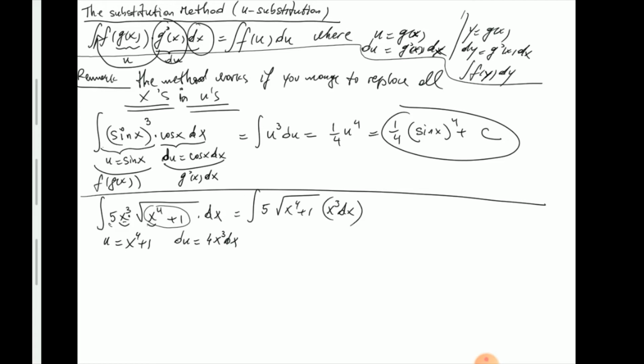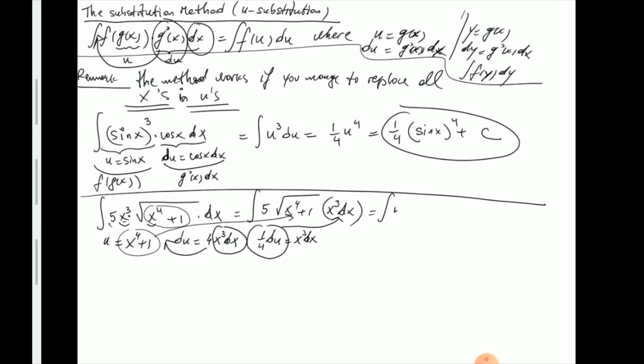What I need from du is not the whole thing, but just x third dx. So that means I'll have to move the 4 to the left side, so you divide by 4. So 1/4 du is x third dx, and this is what is going to come here inside the integral. And of course, x fourth plus 1 is going to be u.